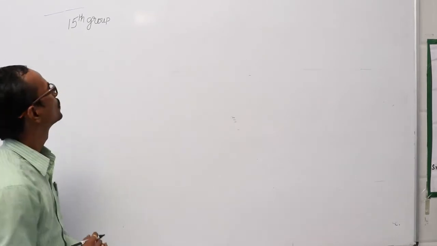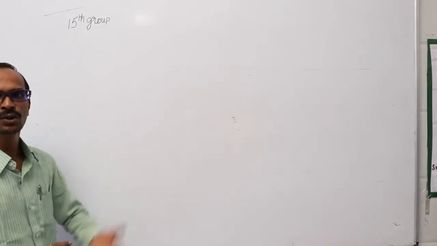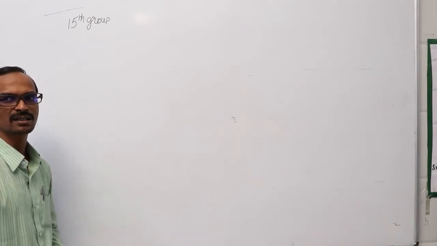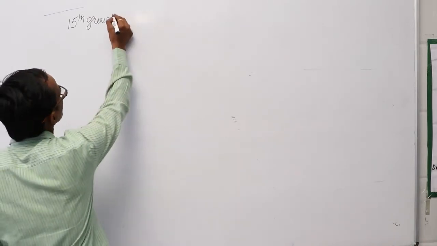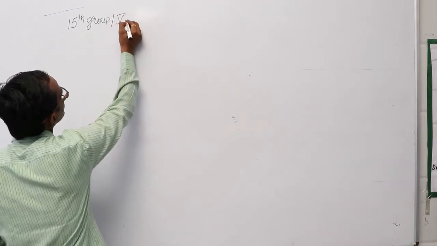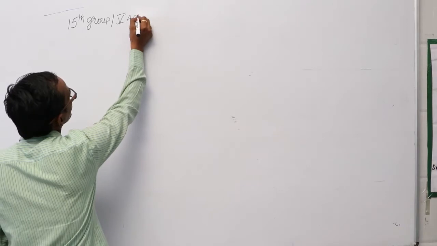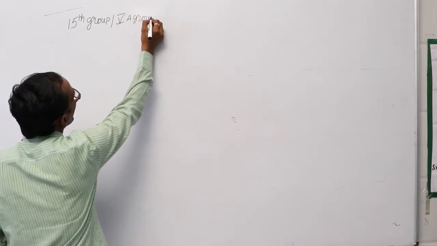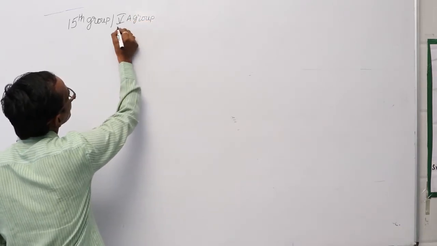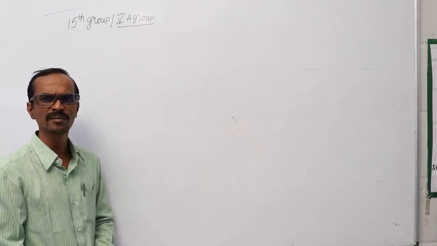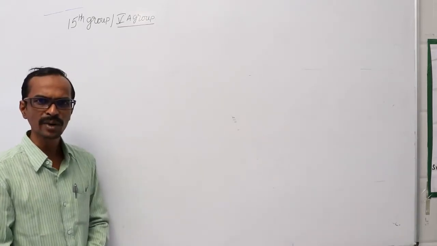And if we represent this in Roman letters, 5A group elements. So why are these elements referred to as 5A group elements?